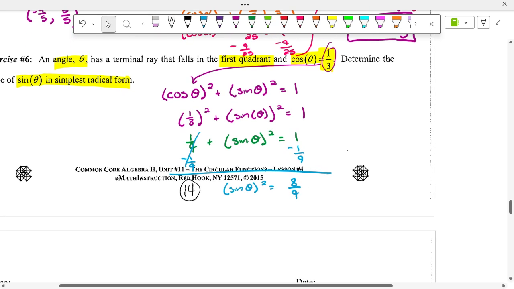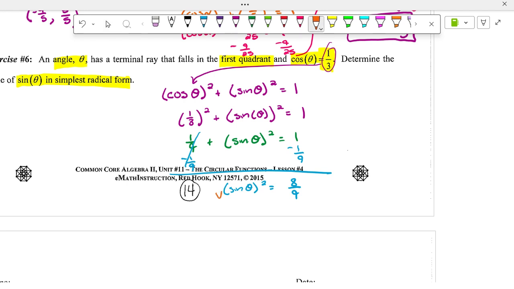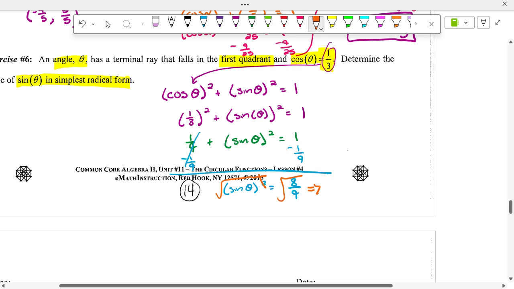And then finally, to get the sine of theta by itself, what do I have to do? Square root both sides. Now, this will not turn into a pretty number, but they want it in simplest radical form. So remember, if you're doing a square root of a fraction, you can change that into the square root of the numerator over the square root of the denominator.